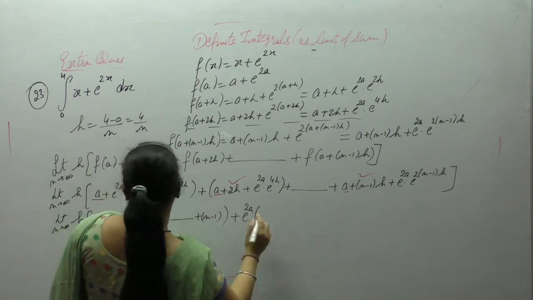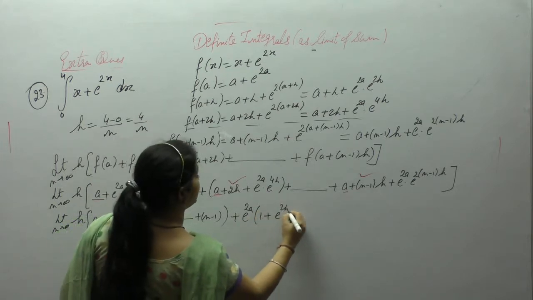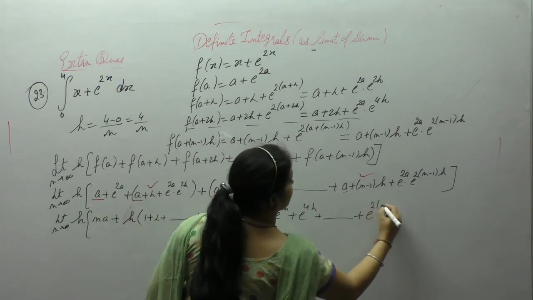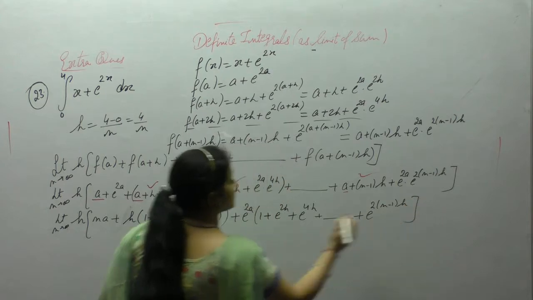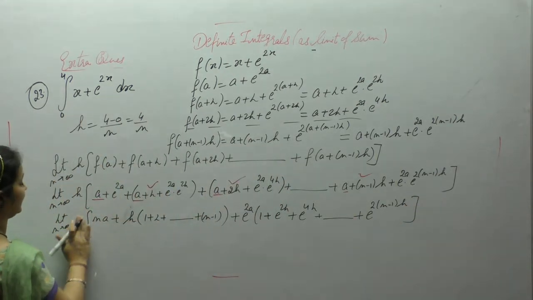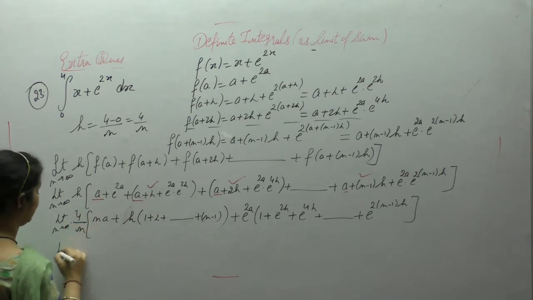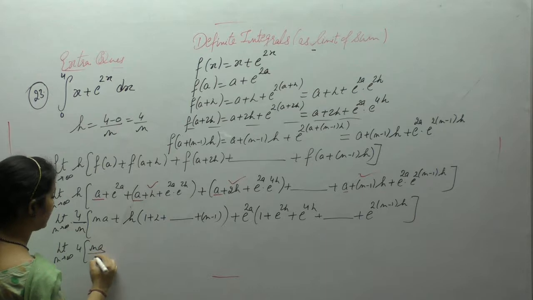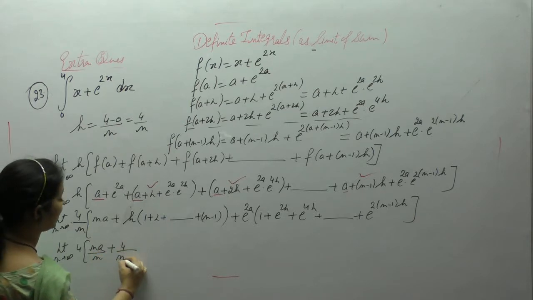First we are left with 1 plus e^2h, e^4h, so on up to e^2 times (n minus 1) into h. h is 4 by n. Limit n tends to infinity, na upon n.